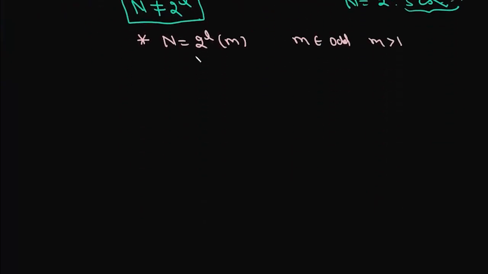Now we're going to show that any number of the form 2 to the power l into m, where m is an odd number greater than 1, can be expressed as sum of consecutive integers.